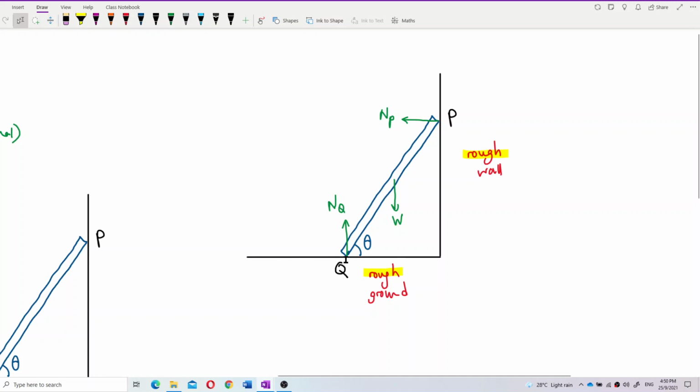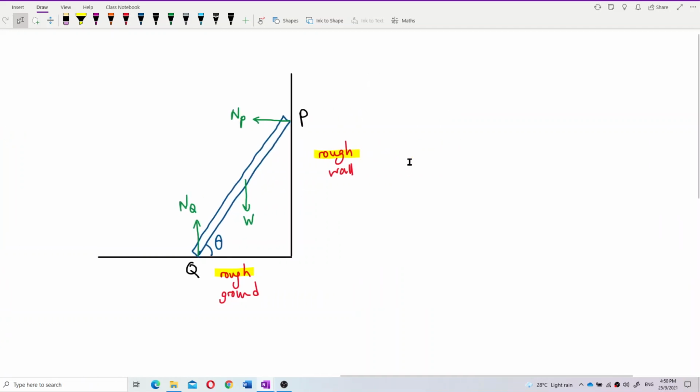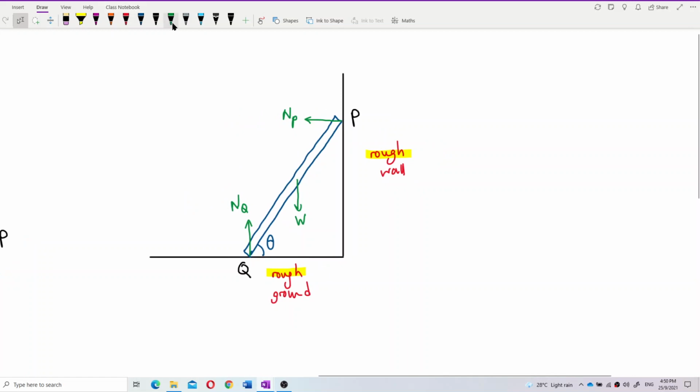But what is the direction of friction? Let us imagine how this rod will tend to fall down. In which direction will it fall? We can imagine something like this. If this wall has no friction and this ground also has no friction, the lower part will go in this direction, and the upper part will go in this direction, isn't it?